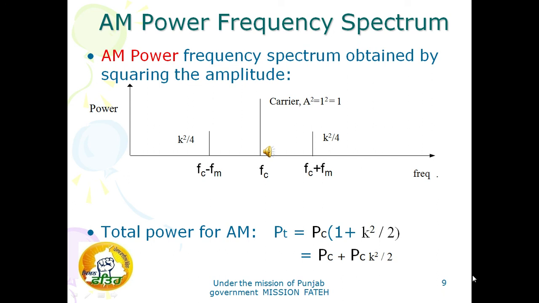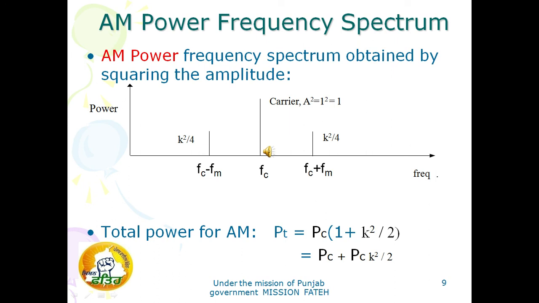In the above diagram, power versus frequency, the left side of the signal is the lower sideband and the right side of the signal is the upper sideband, so the amplitude of the lower sideband and upper sideband are the same but the frequency is different, and the frequency of the carrier signal is Fc and amplitude is 1.